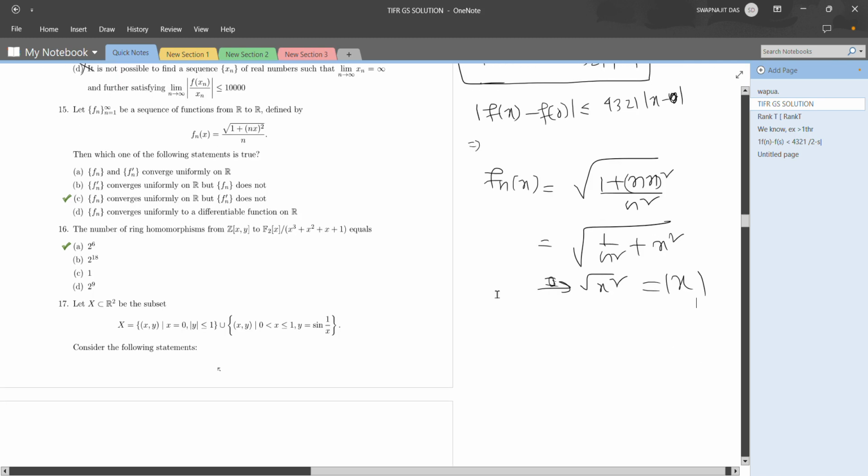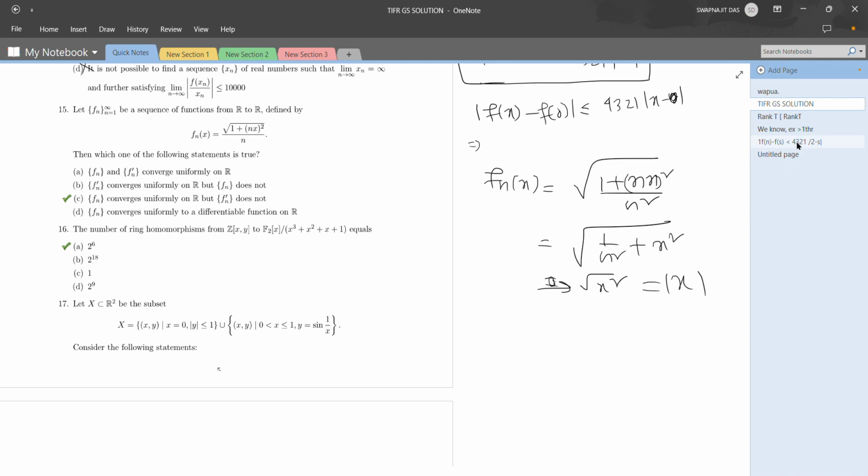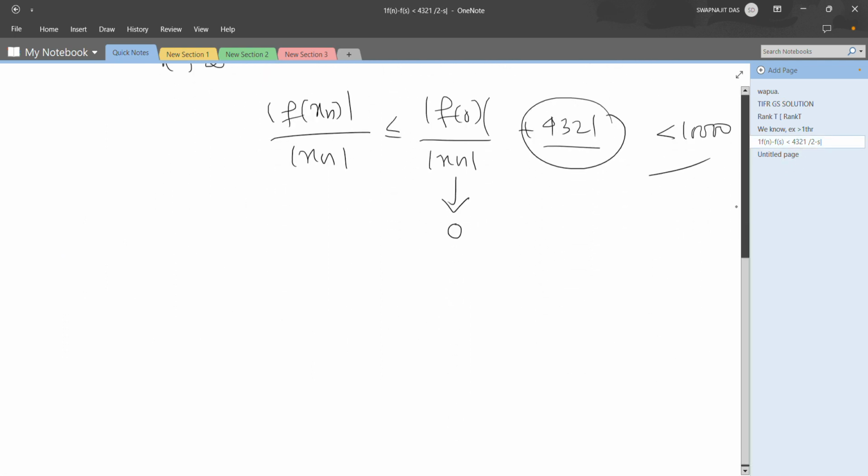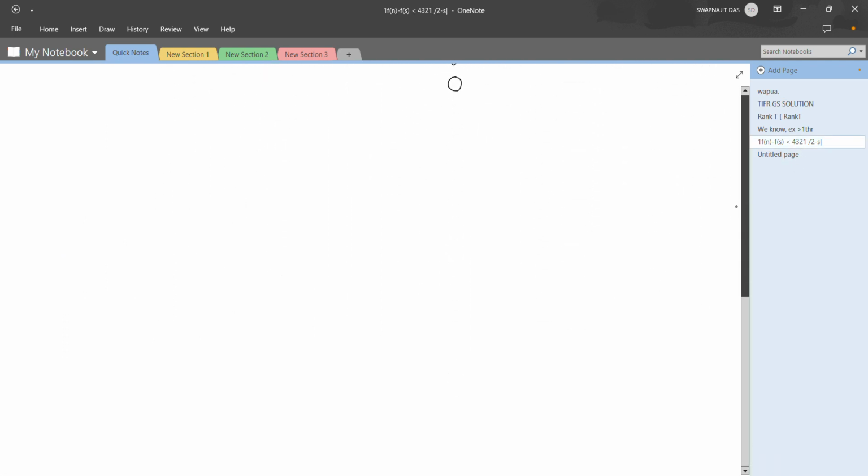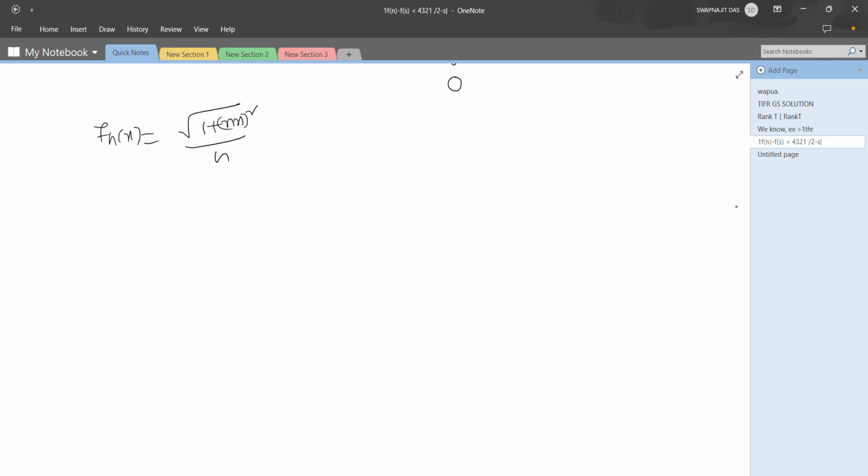So fnx is root over 1 plus n square x square by n, right?